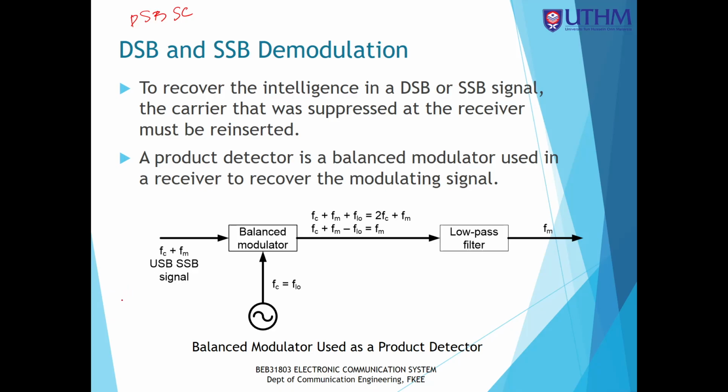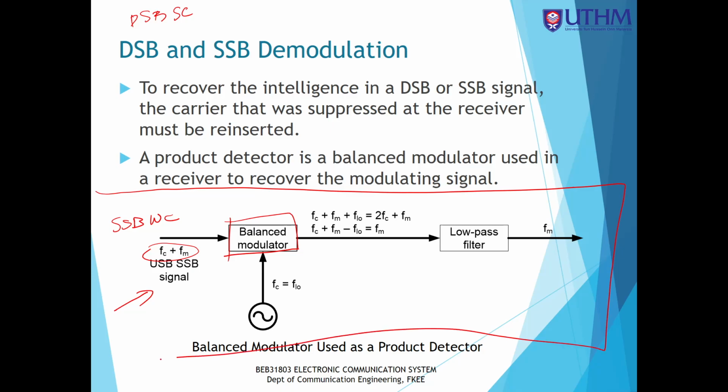So you see that here is the input signal, for example, the SSB without carrier. Here is the upper sideband FC plus FM. And then here we have a balanced modulator. This is the demodulator process, the process inside the demodulator. We also have the balanced modulator inside the demodulator.